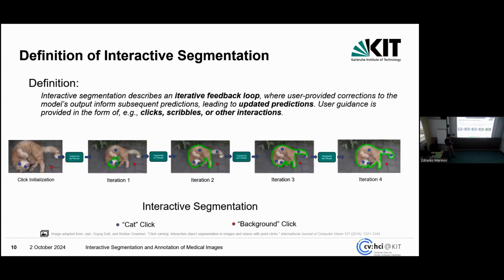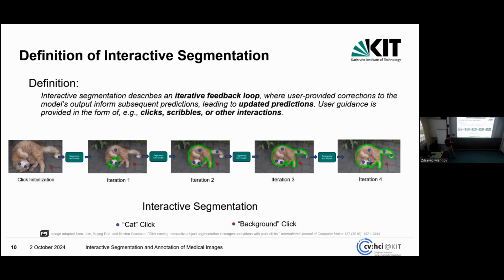In interactive segmentation, you bring the person or the annotator into the prediction process by having this iterative feedback loop, by adding interactions in the process. For example, you can initialize segmentation with 2 clicks and segment the cat's head. But then you want to segment really the whole cat, so you refine the process by adding more and more interactions throughout the process. And this leads to implicit quality control of the labels.